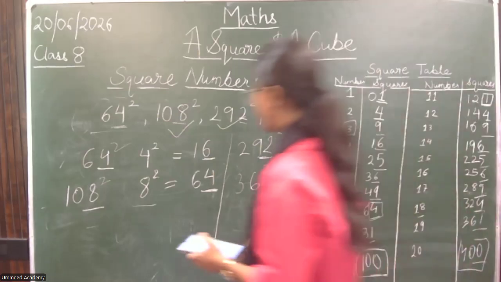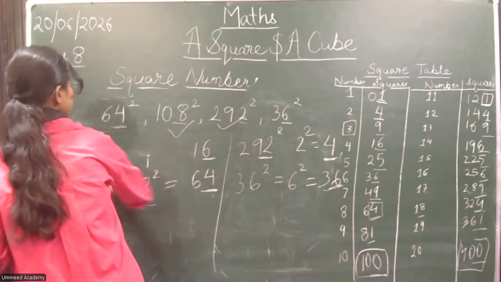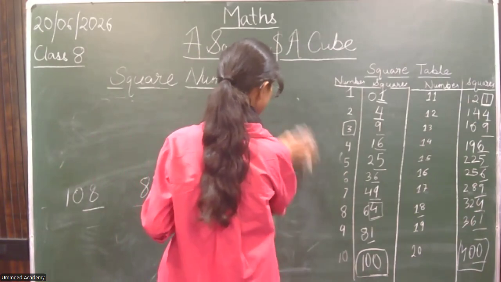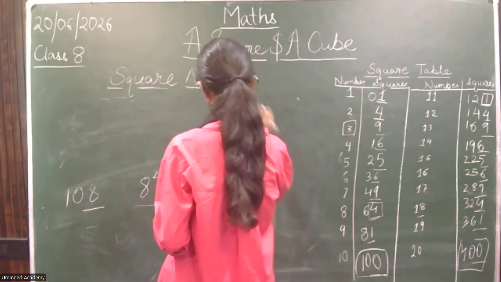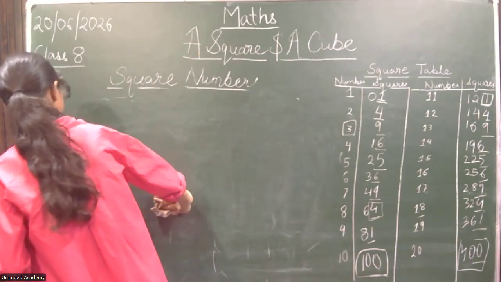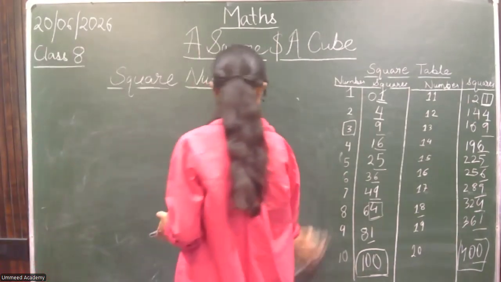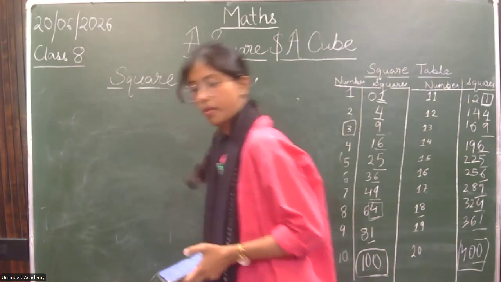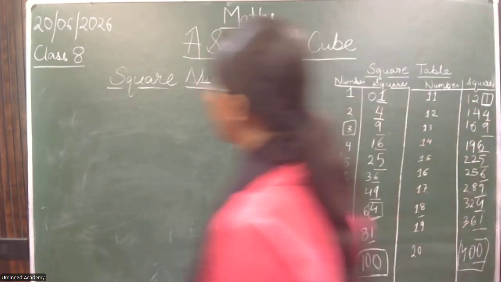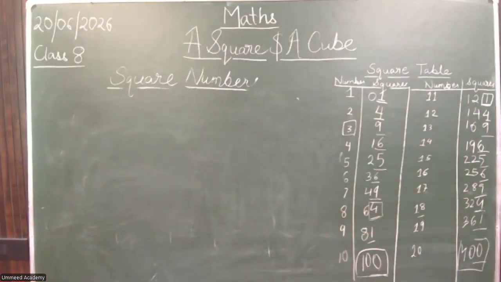Now, what do we have next? Okay, Pulkit, which maths book are you following? Do you have the chapter Square and Cube in your book? Yes, ma'am, NCERT new edition. Okay.